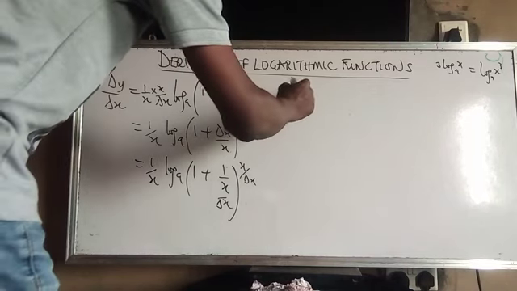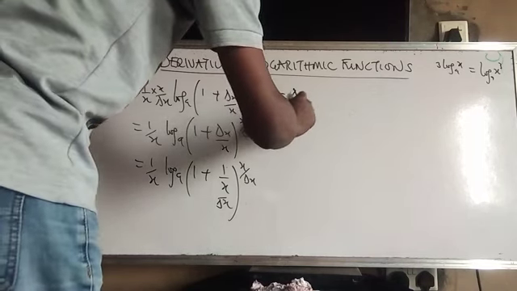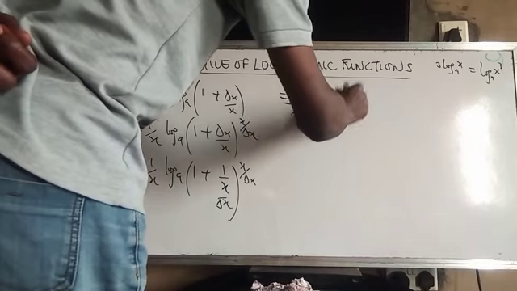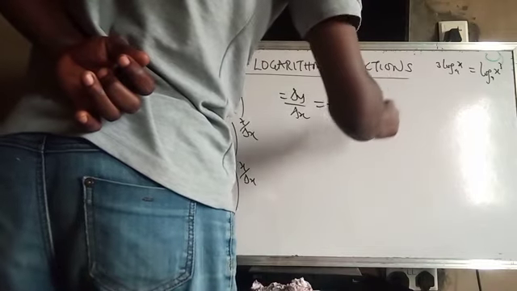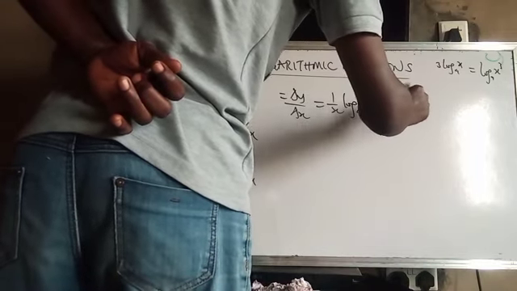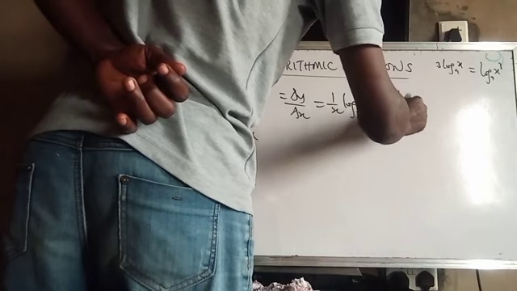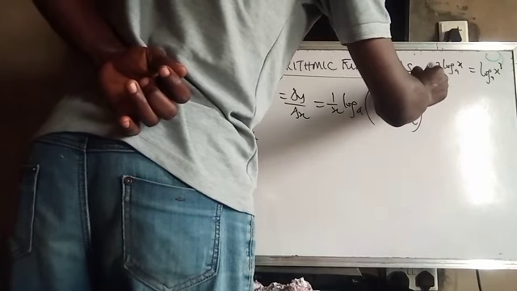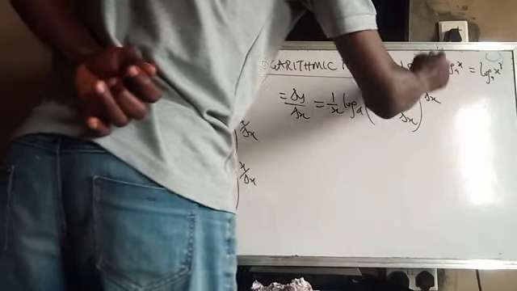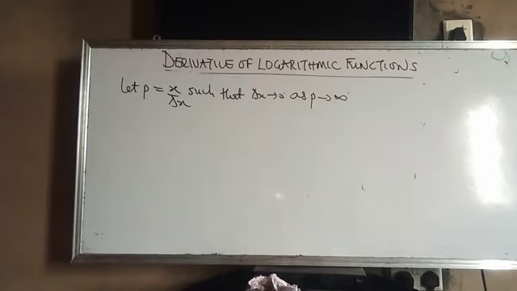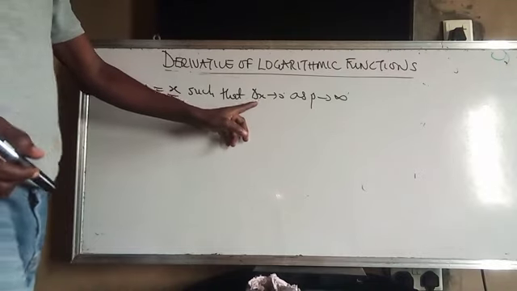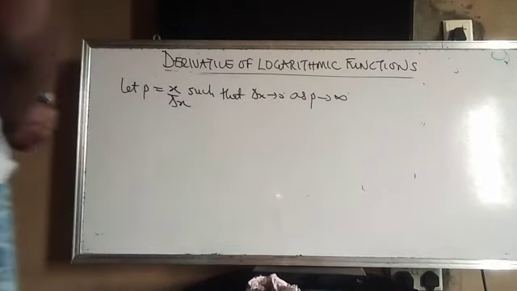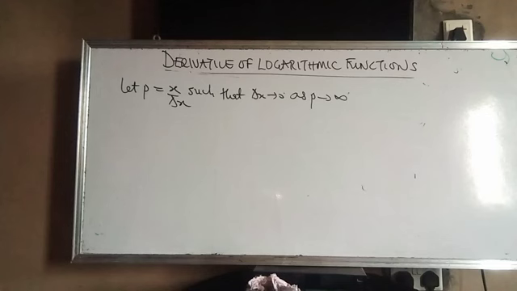So I have change in y all over change in x now is 1 all over x times log base a of 1 plus, I'm trying to rewrite this. Okay. So since that is common, let p equal x all over change in x, such that change in x tends to 0 as p tends to infinity.